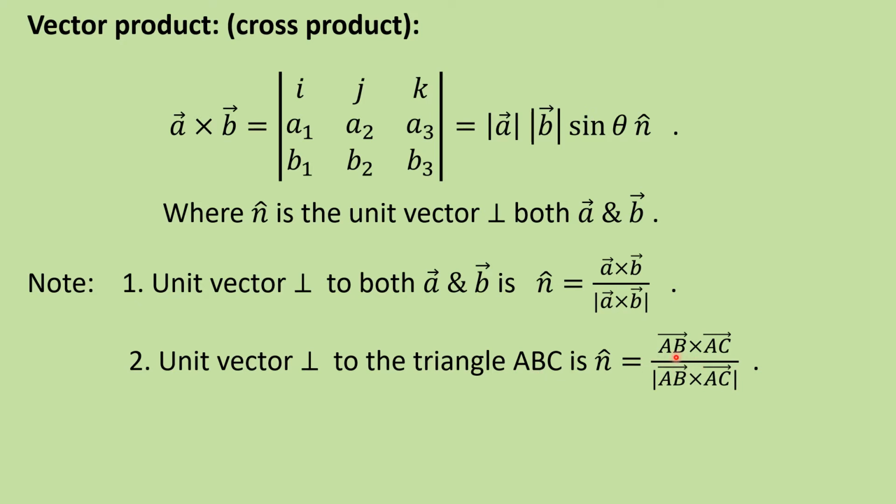So n cap is equal to the cross product between vector AB and vector AC divided by the magnitude of the cross product of AB and AC.